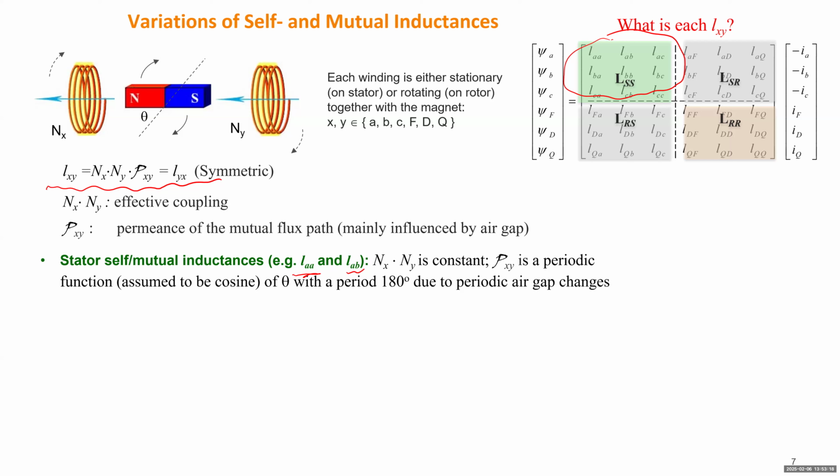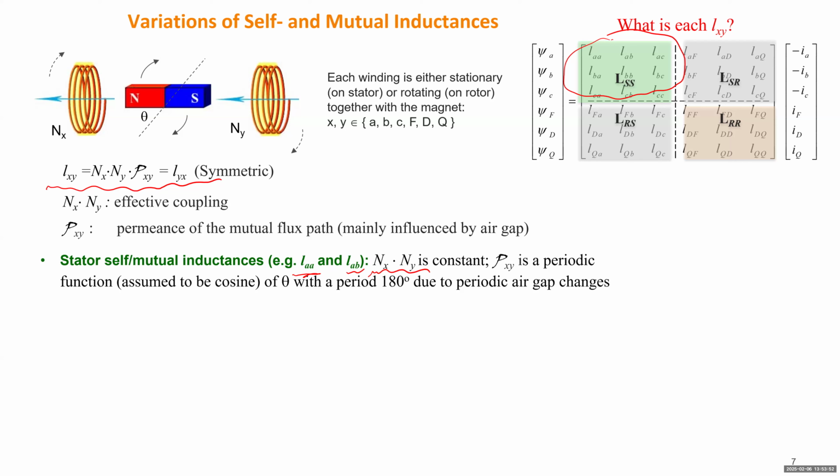Now the two windings are both stationary windings, which means NX and NY don't change, so their coupling will be constant. Because the windings can revolve, we have to treat each of NX and NY as a vector, depending not only on the number of turns but also on the direction of the axis and how the axes face each other.